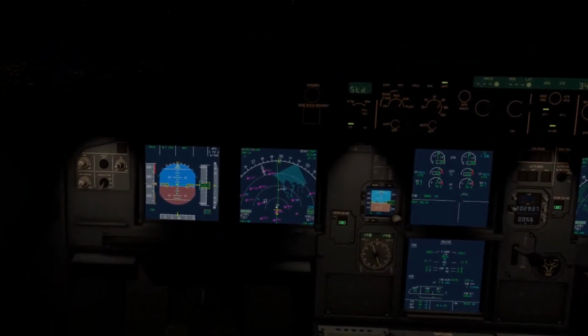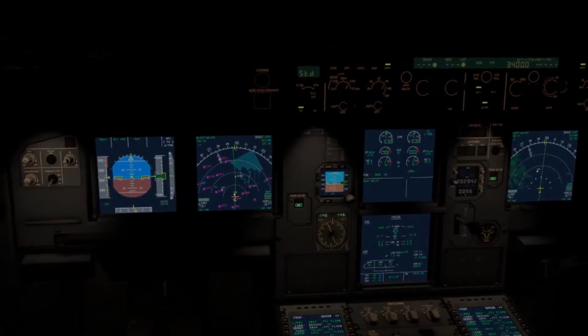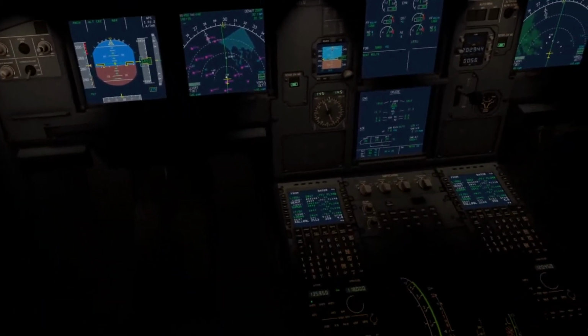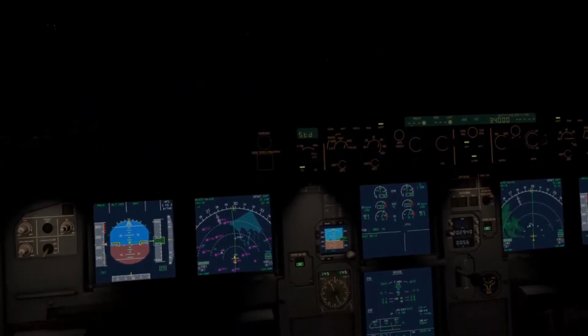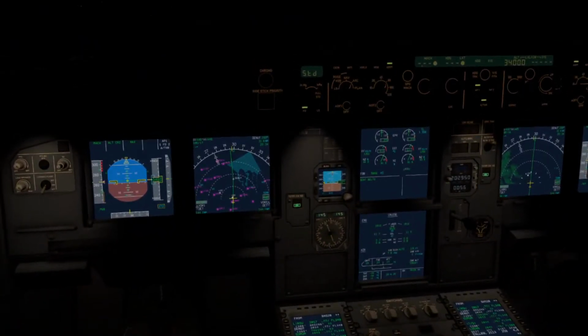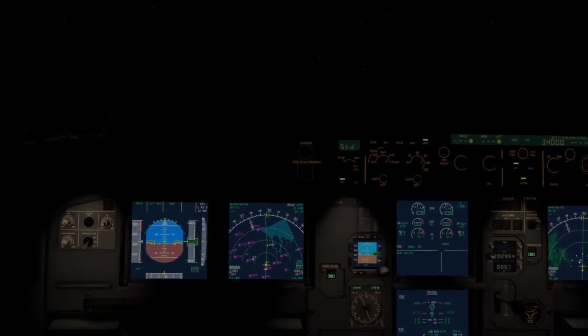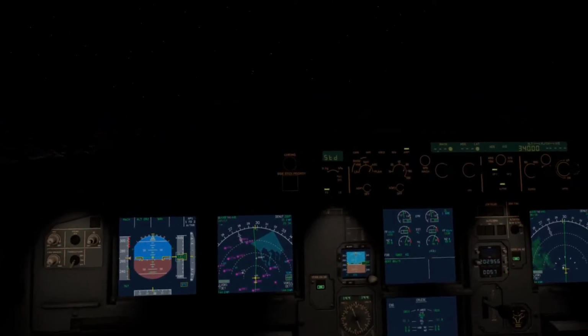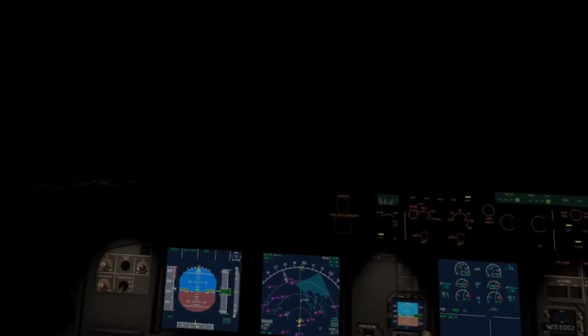That's going to be pretty cool. The wind is really affecting our aircraft. Whenever I fly the aircraft, I can tell when the wind is affecting it, judging by the sound of the aircraft. But yeah.